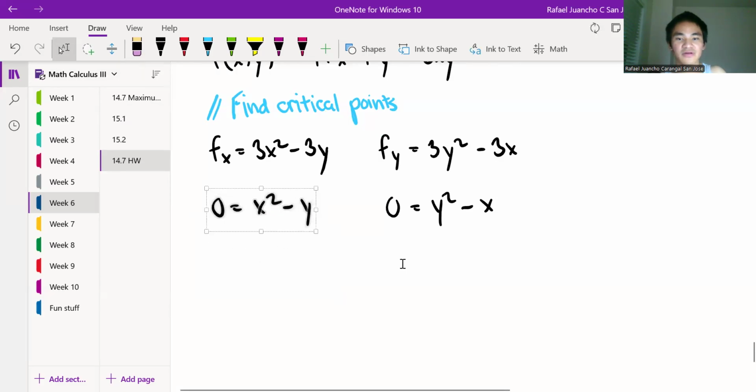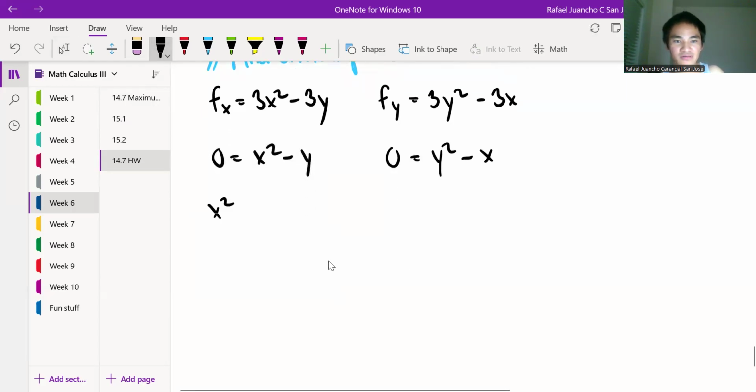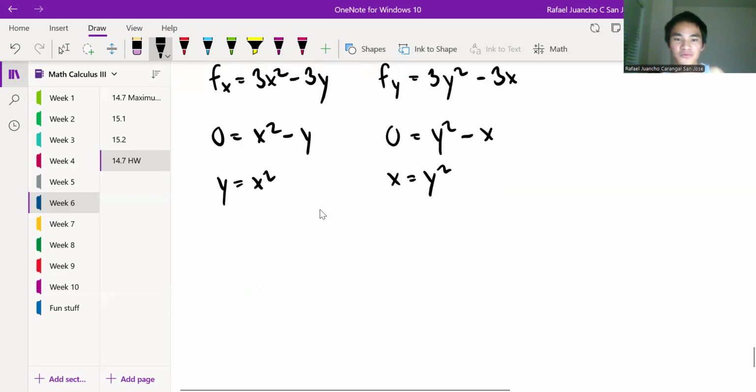And then from there, I'm just making this a bit quicker: y equals x squared, x equals y squared, right? Now I plug in. So my y is x squared. I do x equals x squared squared, x to the fourth. I divide both by x.